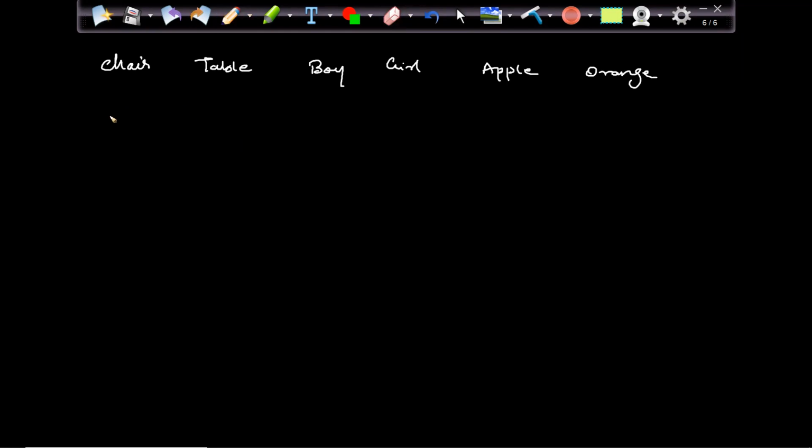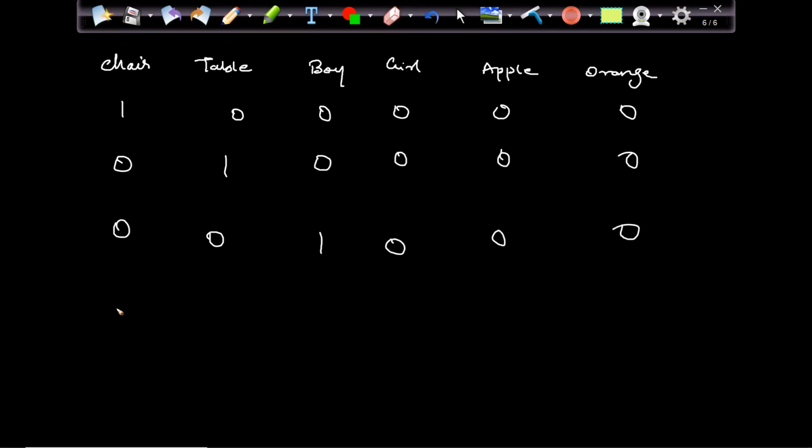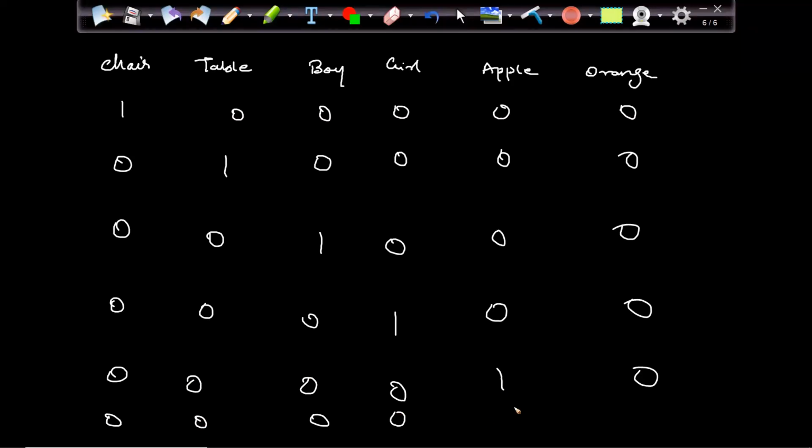Or I can say, let's make chair as 1, rest all 0. Let's say table, so 0, 1, 0, 0, 0, 0. Then 0, 0, 1, 0, 0, 0. 0, 0, 0, 1, 0, 0. 0, 0, 0, 0, 1, 0. And 0, 0, 0, 0, 0, 1.